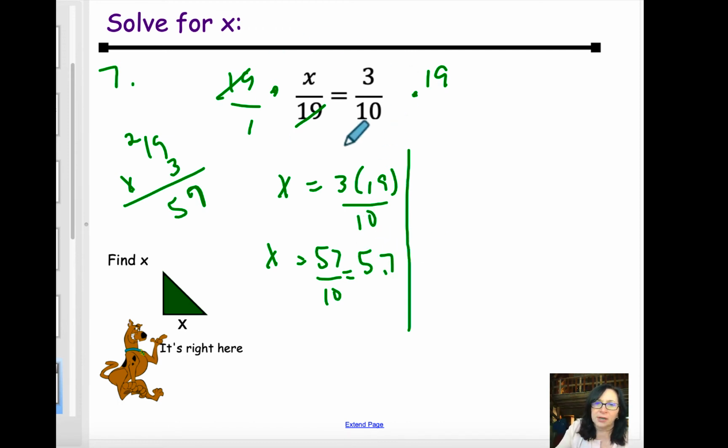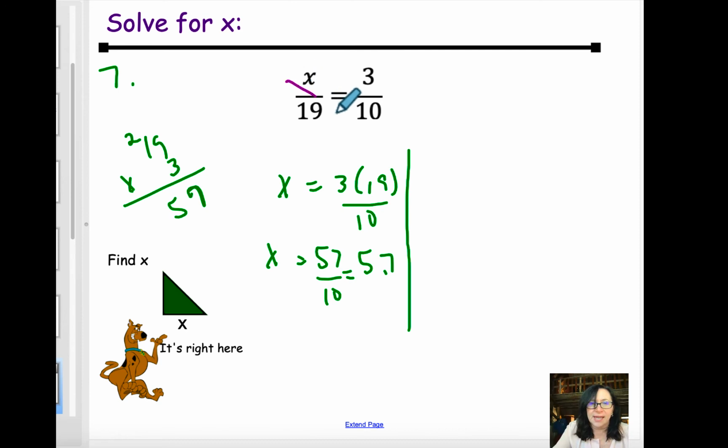My other option for solving this problem is not to multiply by 19. My other option is to cross multiply, and I can do that only if I have one term on the left and one term on the right. Meaning, if I had another number here, I could not cross multiply until I combine those. So if I have one term on the left, this is one term, and one term on the right, then I can cross multiply.